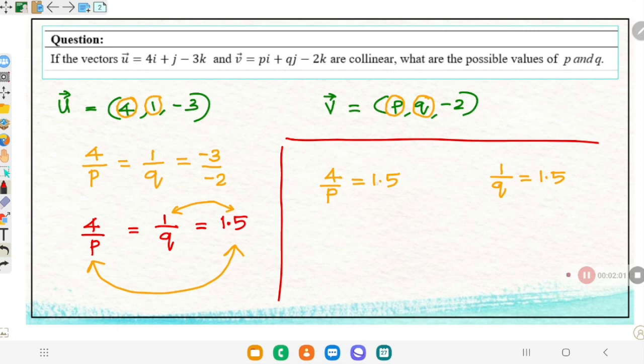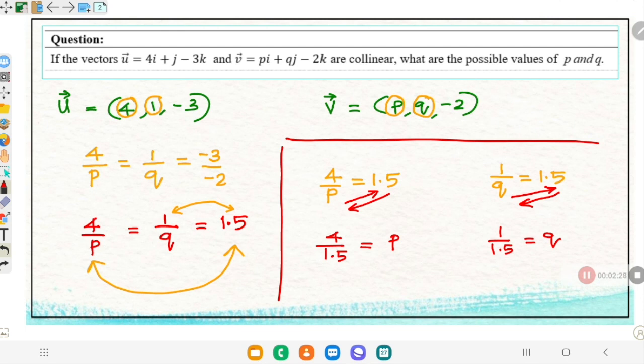For example, for the p value, if you cross multiply, p goes there and 1.5 goes down here. So p equals 4 divided by 1.5, and in the same way q cross multiplies to the other side and 1.5 goes to the downside. So 1 over 1.5 equals q, correct?